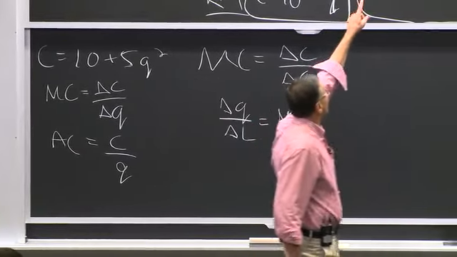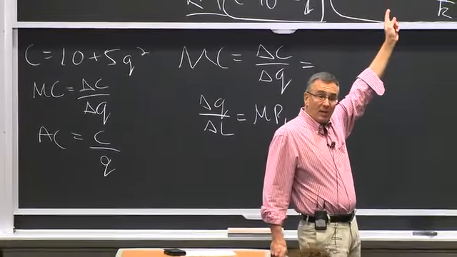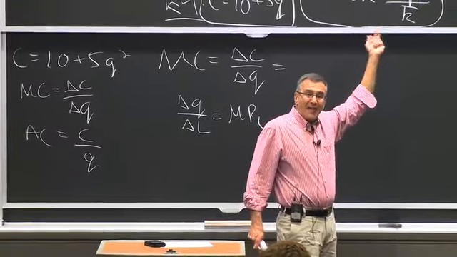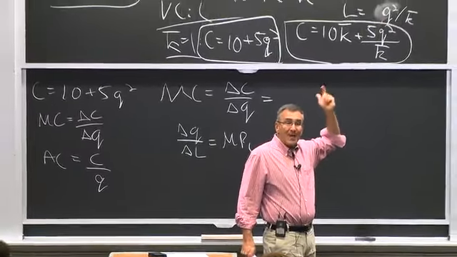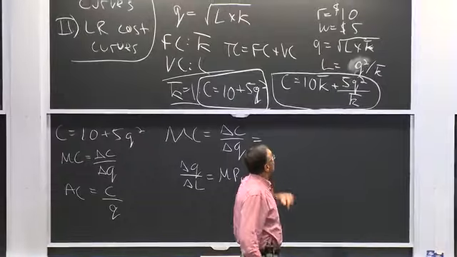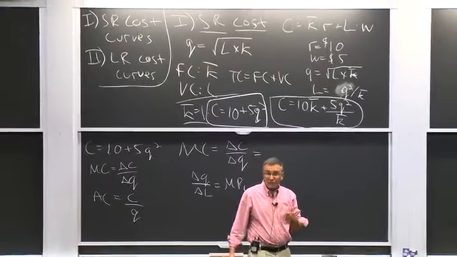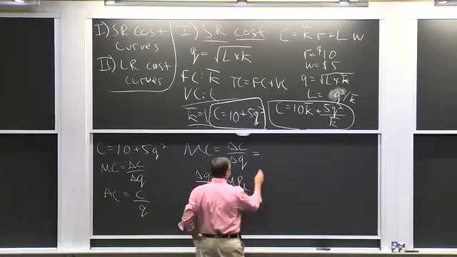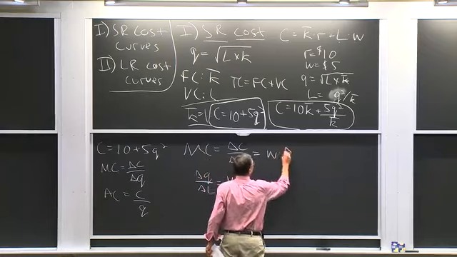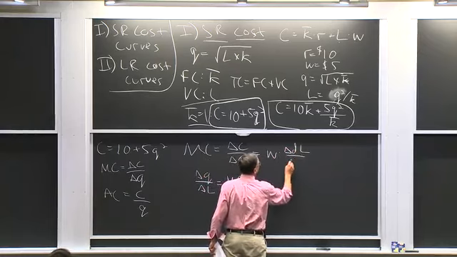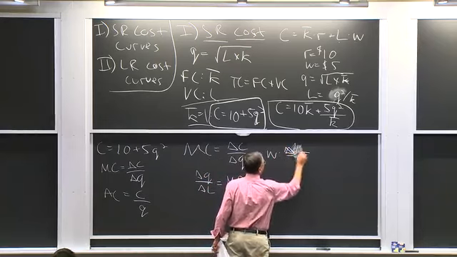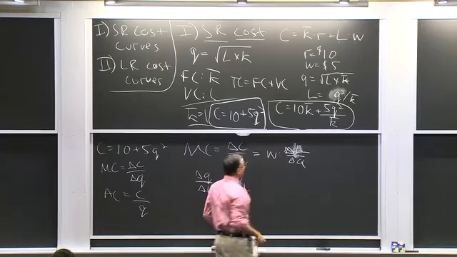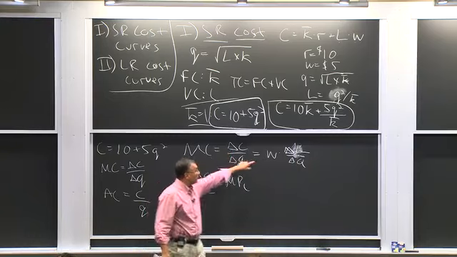See the general cost function at the top there? Take the derivative of that with respect to the amount of labor. Well, the first term drops out because it's fixed. So you can rewrite delta C over delta Q as W times delta L over delta Q.